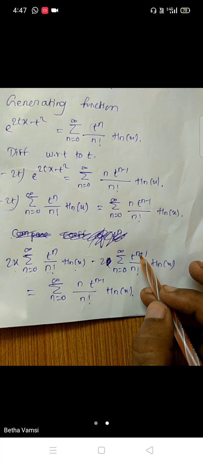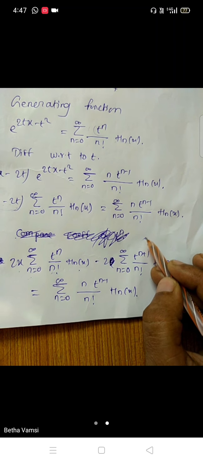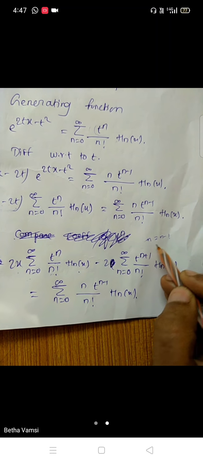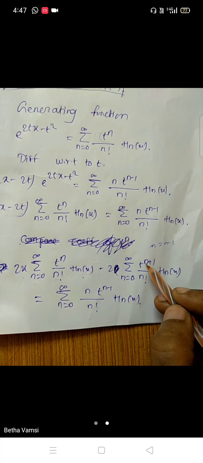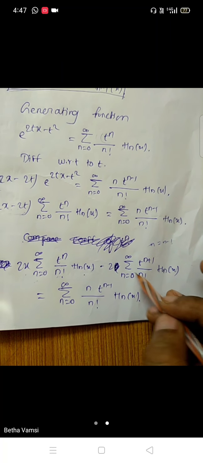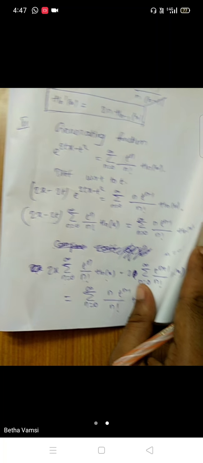If you put n equal to n minus 1, then you get the t power n coefficient, so 2 times H_(n minus 1) of x divided by (n minus 1) factorial.